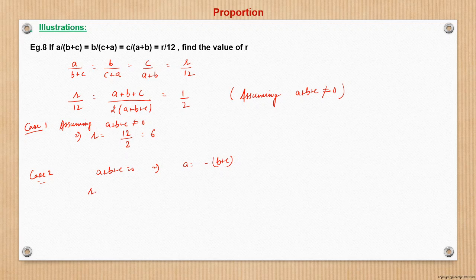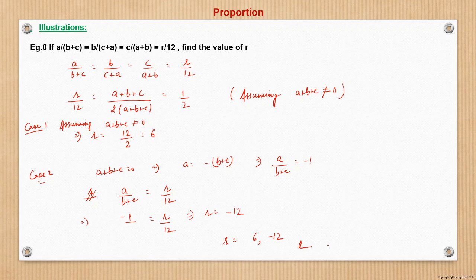So the original ratio a upon b plus c is equal to r by 12. Here a upon b plus c is nothing but minus of b plus c upon b plus c, which is minus 1. So minus 1 is equal to r by 12, so r is equal to minus 12. So what are the possible values of r? r can either take 6 or minus 12.